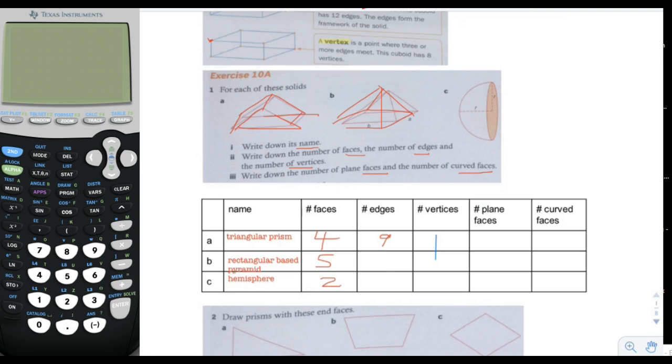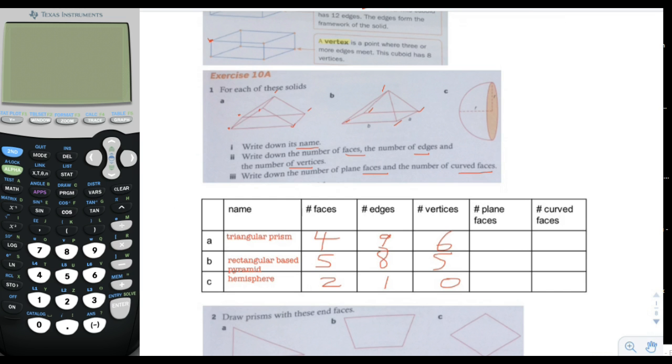And for the hemisphere, it looks like there's just 1 round one. What about the number of vertices? The number of vertices is like the number of points here. 1, 2, 3, 4, 5, 6. 1, 2, 3, 4, 5. And here, there are no vertices at all, I don't think.